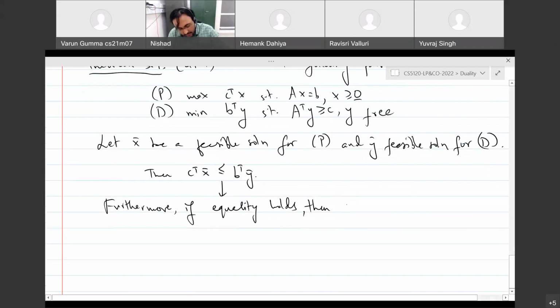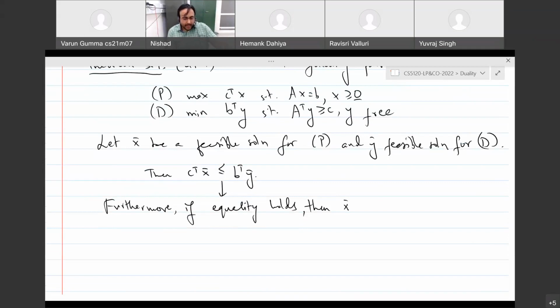Now, there's something that's kind of striking here. Is this very similar to one of the questions in assignment 1 that was vertex cover and independent sets? Are they also primal and dual forms of each other? No, they are not primal and dual forms.